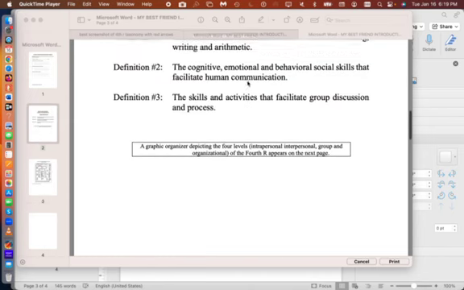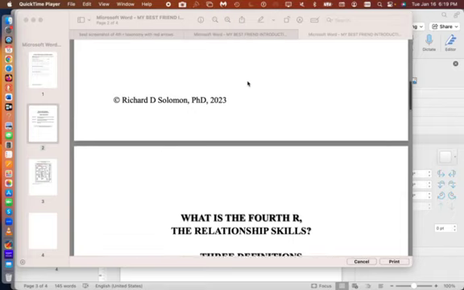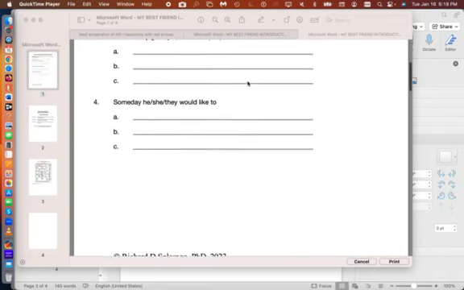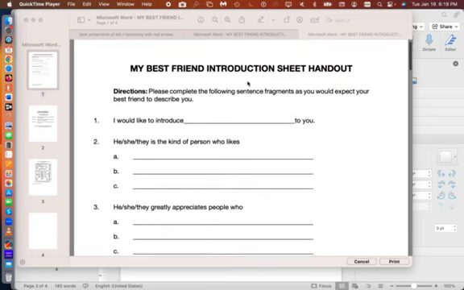But right now, we're going to talk about how to implement the group relationship building activity called My Best Friend Introduction Sheet. And what you do here is you distribute this paper and you invite people in a group to stand behind an empty chair, and put it in a circle.